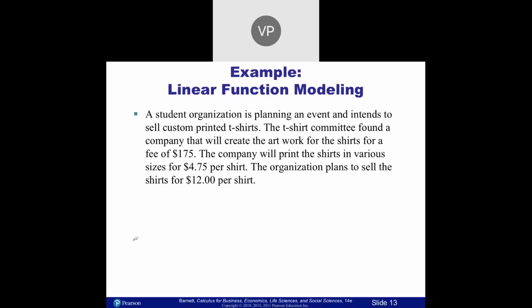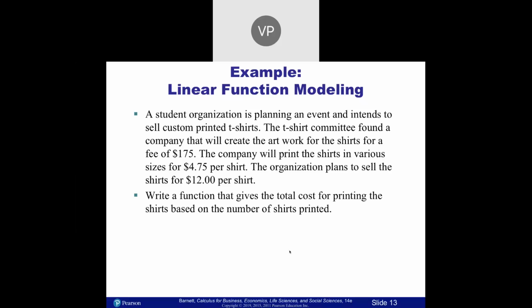The variable cost is the $4.75, because that depends on how many you order. So what they're asking us to do here is write a function that's going to give us the total cost for printing the shirts based on the number of shirts printed. Okay, so when you're doing these, we also have to write a function to give the revenue from these.